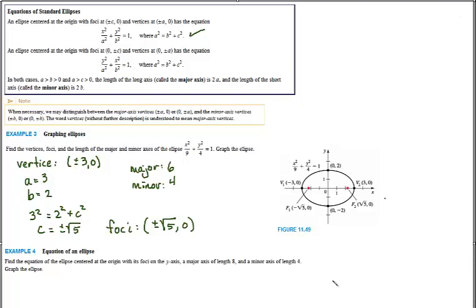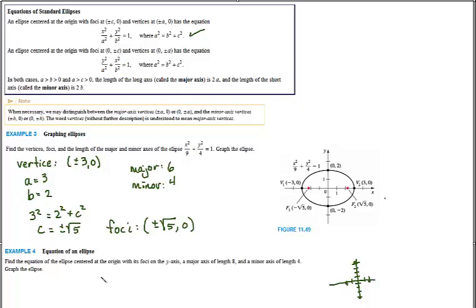Alright, so let's see, we have in question 4, its focus is on the y-axis, and it has a length of 8, so that's 1, 2, 3, 4 right there, 2, 3, 4 right there. Minor has a length of 2, so that goes 1, 2, 1, 2, there, and there.